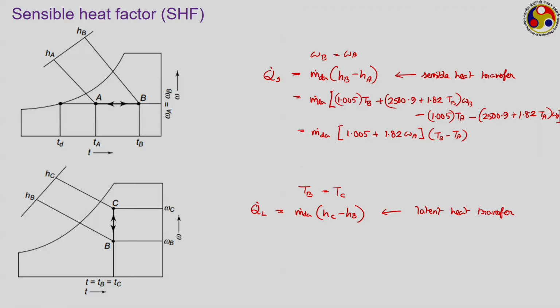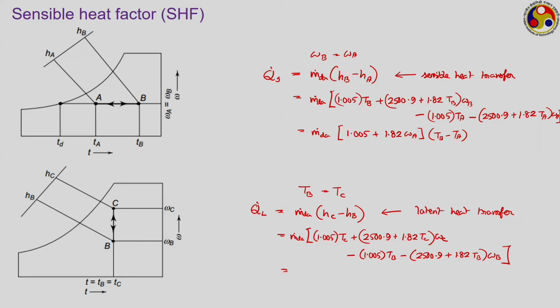How can we calculate the magnitude of this latent heat transfer? Here temperature is constant. So m dot dry air into, first for the H C part, 1.005 T C plus (2500.9 plus 1.82 T C) into omega C, minus 1.005 T B minus (2500.9 plus 1.82 T B) into omega B. Now, in this case T C and T B are equal to each other while omega is changing.